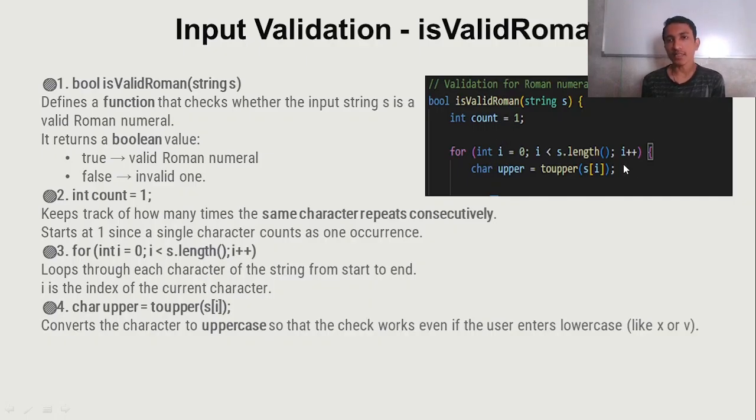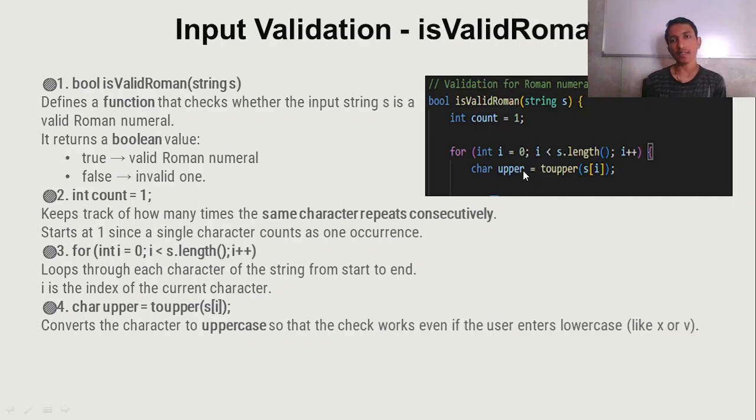Now this for loop is for looping through each character of the string from start to end, and i is the index of the current character. Now, what is this char upper?